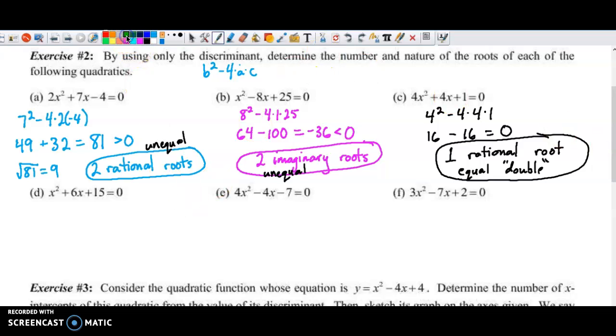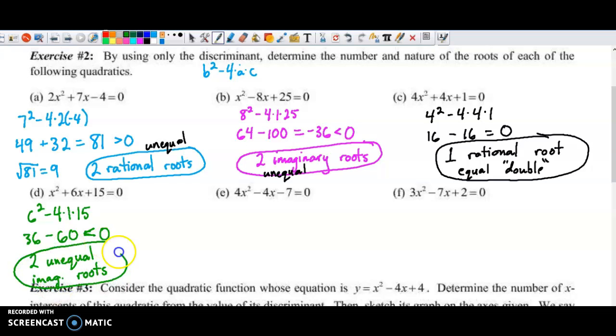If I go back through and just repeat the process, 6 squared minus 4ac, then we have 36 minus 60, and all I care about is that that number is less than 0, because it is, we're going to have two unequal imaginary roots. So it does not cross the x-axis.